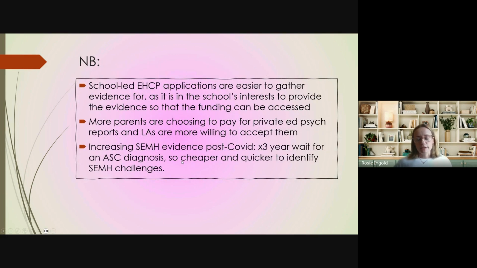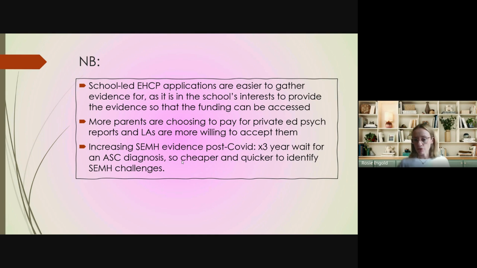So a couple of points on the application process. In terms of ease of the process, the easiest EHCPs to gather evidence for tend to be those that are led by a school. As I mentioned earlier, parents, students over the age of 16 or a teacher can request that a local authority carries out a needs assessment for a student.